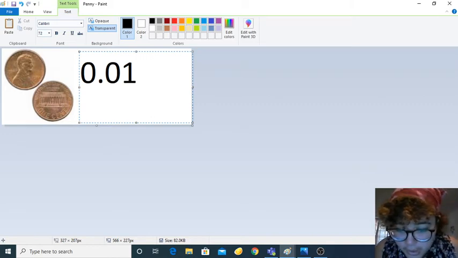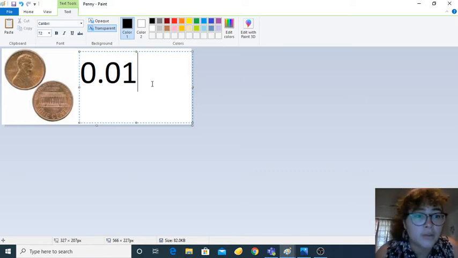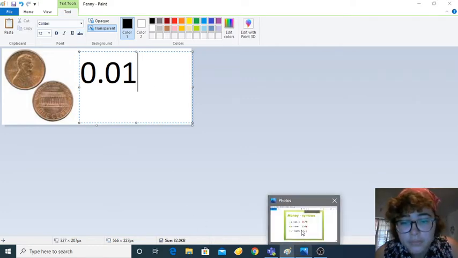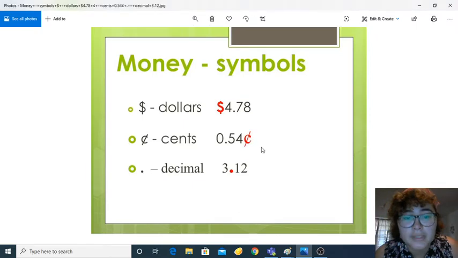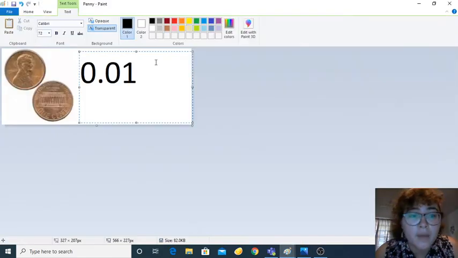Let me see where the cent symbol is on my keyboard. My keyboard doesn't have the cent symbol, but I already told you guys what it looked like. So I'm going to create it since I don't have it available on my keyboard.